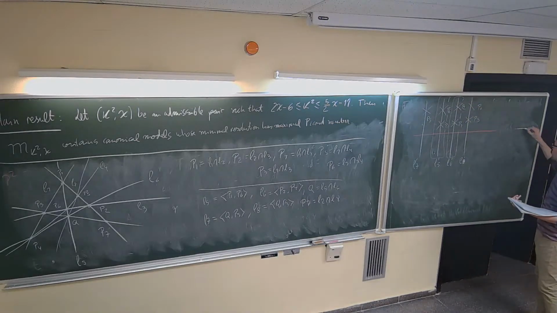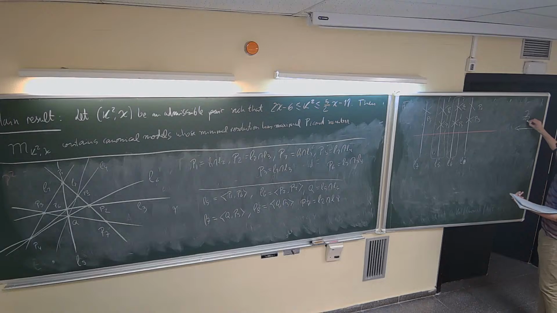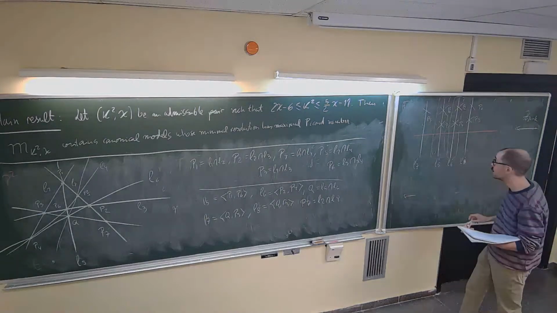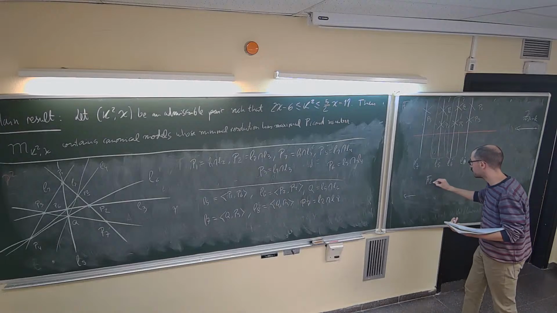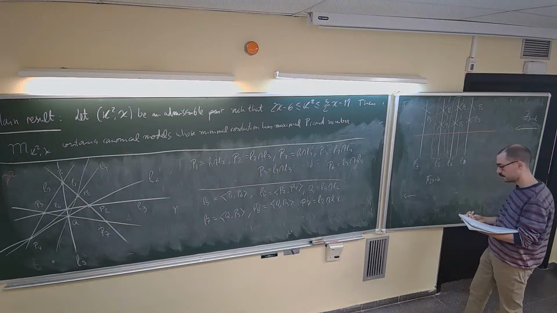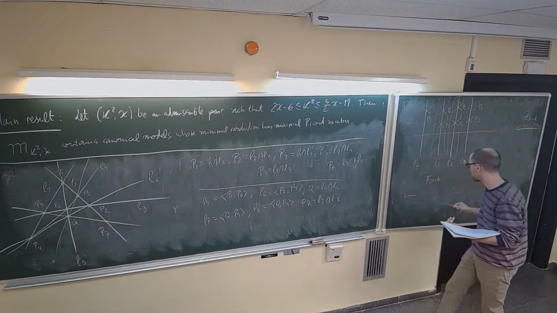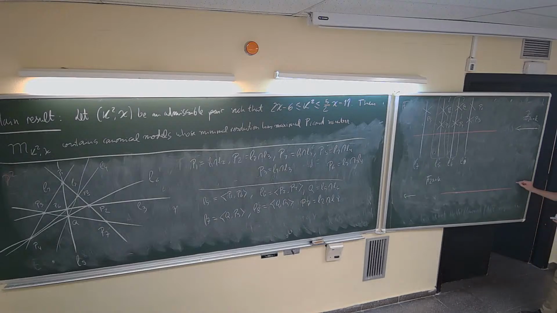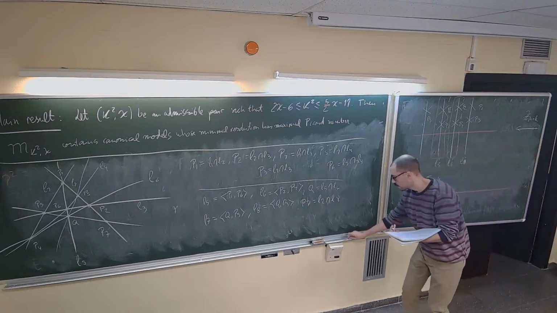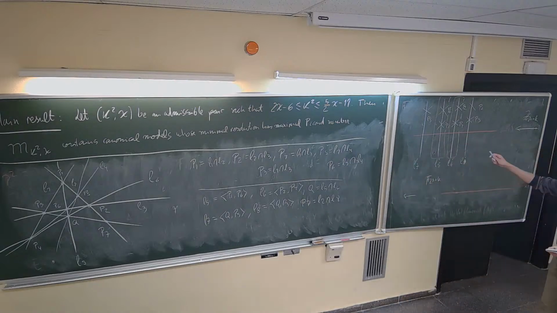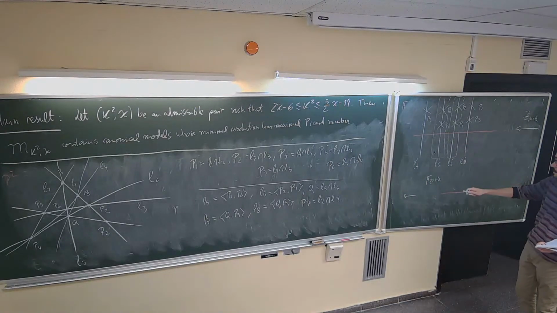Now we apply Persson's trick, and we work at F_{2n+k}. The fibers that don't belong to the branch locus will be multiplied.